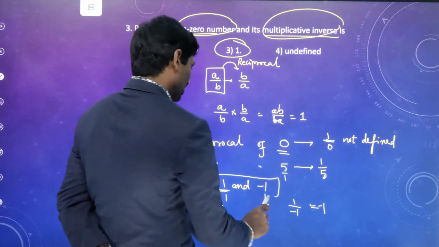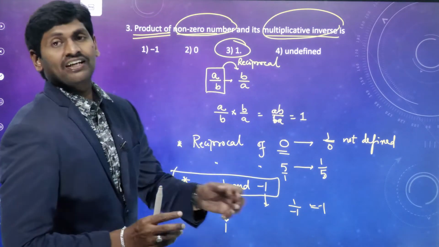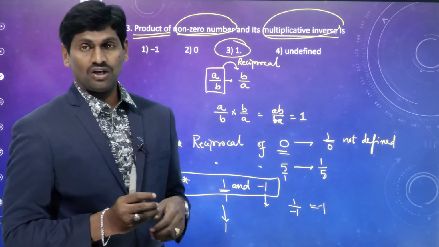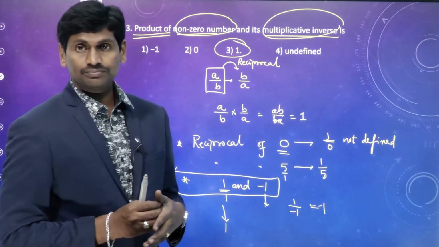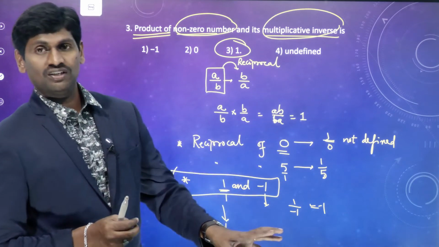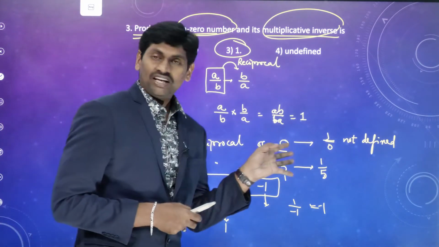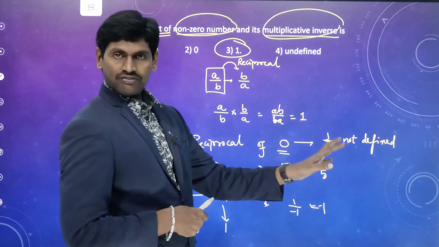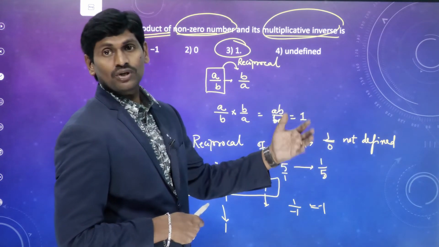So if you have a question asking which numbers are their own reciprocals, the answer is 1 and minus 1. Which number does not have any reciprocal? The reciprocal of 0 is not defined, that is, there is no reciprocal for 0.